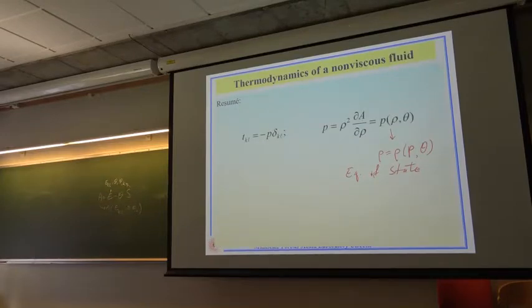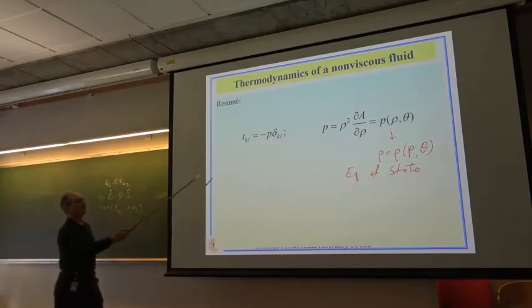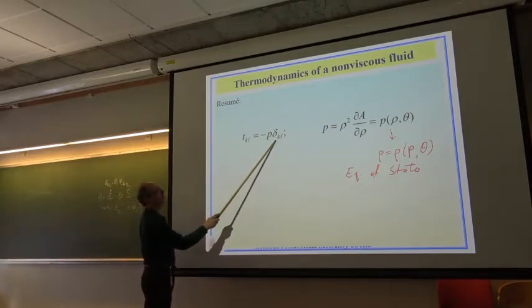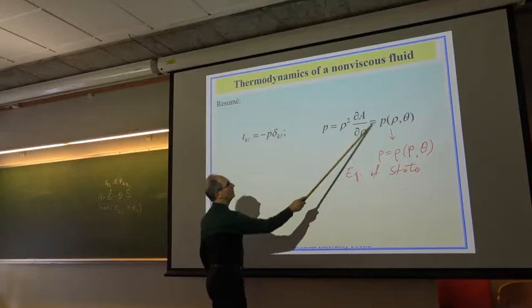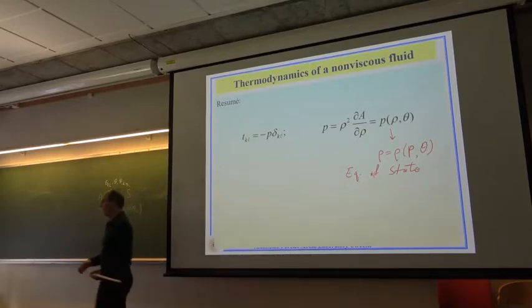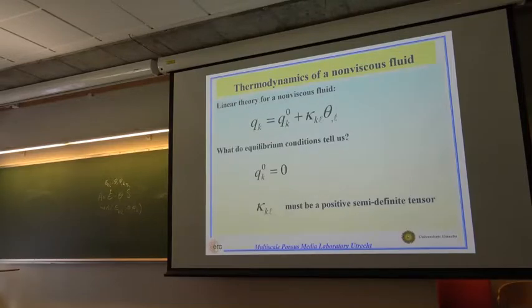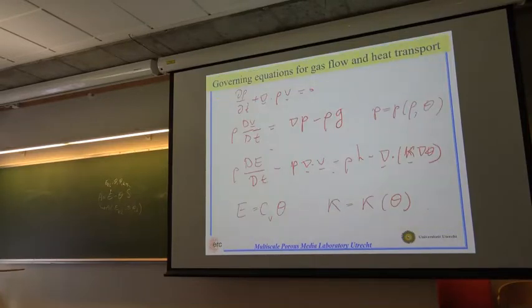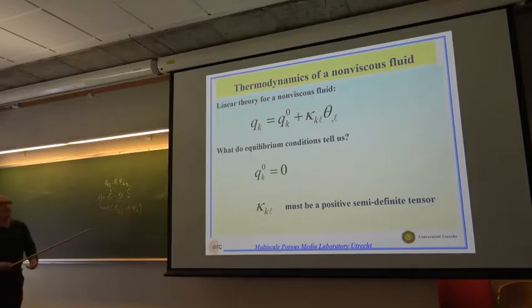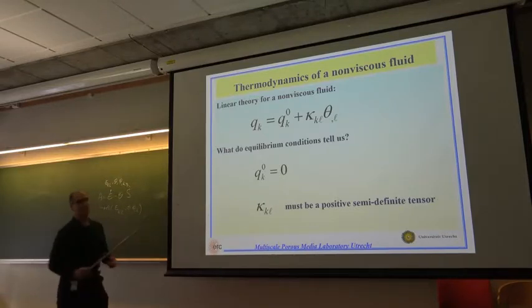Now, all that we just did, you can derive in this fashion. So for a non-viscous fluid, we find that the stress tensor must be an isotropic state, where it's defined like that. If you assume a linear relationship for Q, again, then we get that Q must be simply a coefficient kappa KL times the temperature gradient.